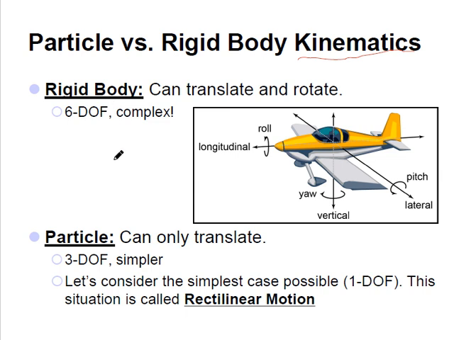Okay, so that's 6 degrees of freedom because they can roll, pitch, and yaw along 3 axes, okay, which is gonna make it very complex to study. All right, so roll, yaw, and then pitch. We have 3 axes producing 6 degrees of freedom, right? Rolling is longitudinal on this axis, yawing is on the vertical axis, and pitching is on the lateral axis.